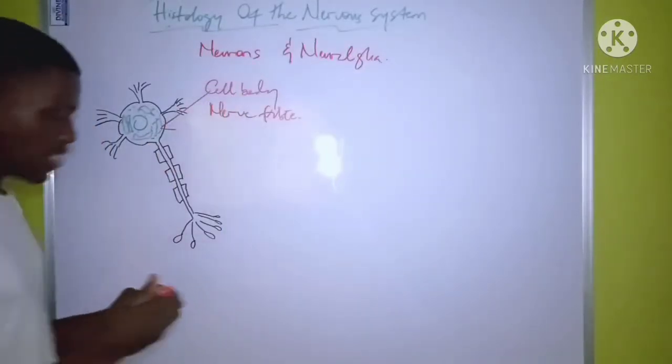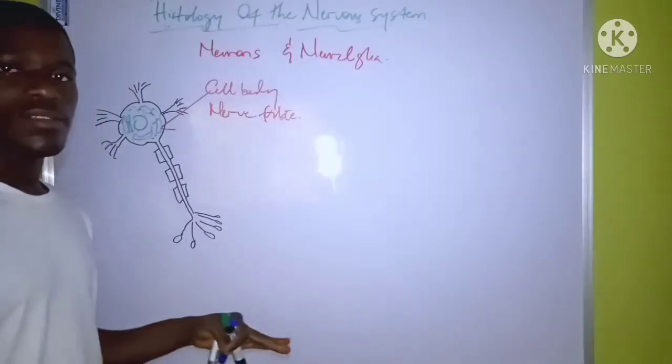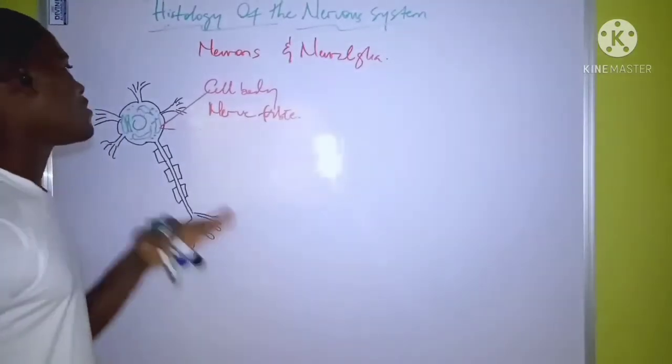This is the cell body, and the cell body contains every organelle like a normal cell. The typical cell and the neuronal cell body are similar in structure, in that it contains similar organelles with a typical cell body. Organelles such as the lysosome, the nucleus, the mitochondria, the ribosome, the Golgi apparatus, and the rest of them. But in the neuronal cell body, the ribosome is referred to as the Nissl body.